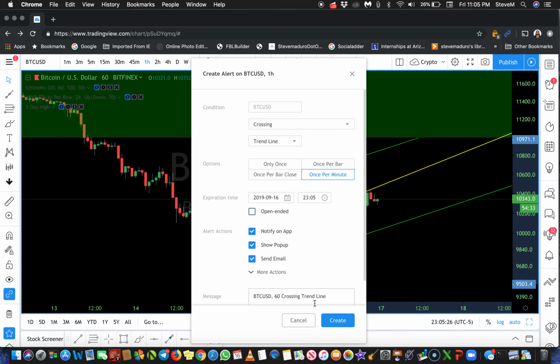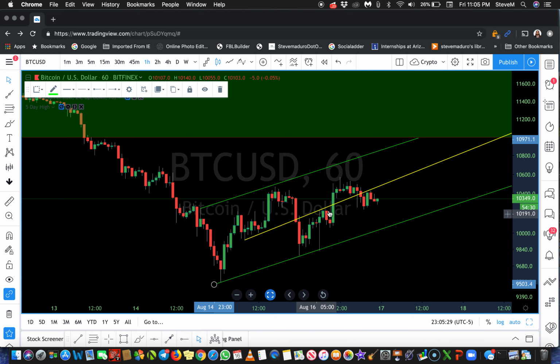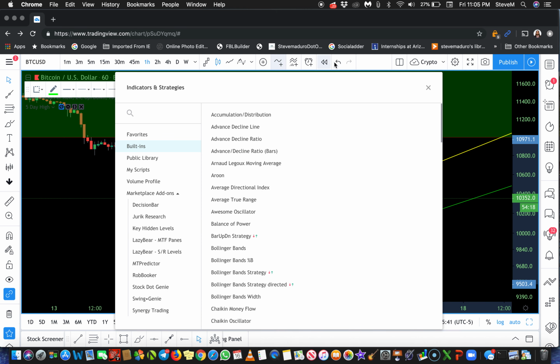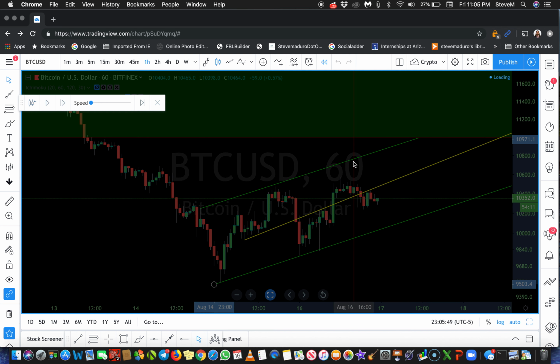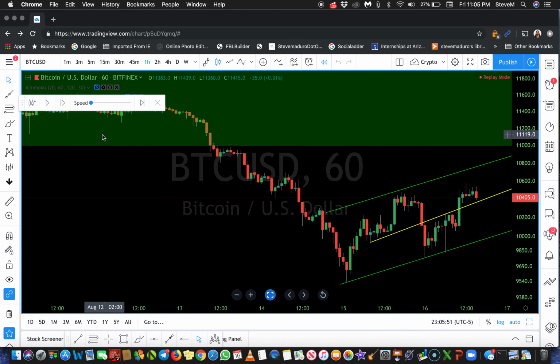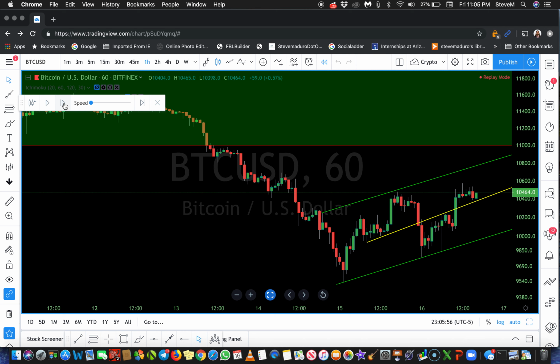The reason why I do once per minute is if you take a look at what happened here, if you would have gotten just one signal here, and let's go back for a second, let's replay this bar. Let's say that you would have gotten that, and you want to know when it touches. It would have touched right there, and it really wouldn't have alerted you to much because it would have bounced back off. That would have been your only alert, right?